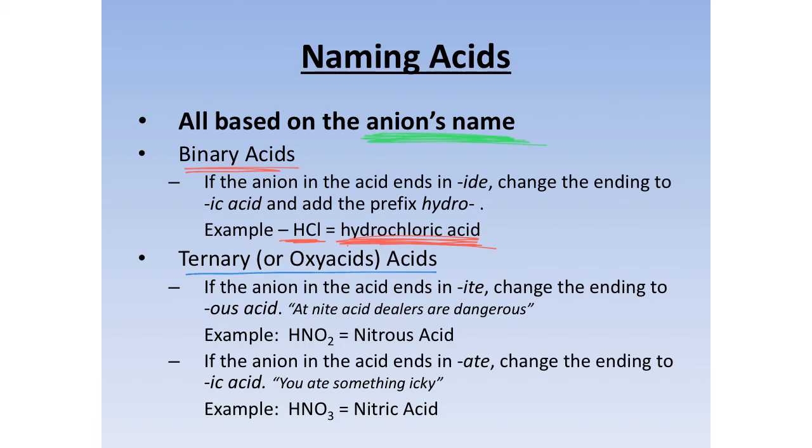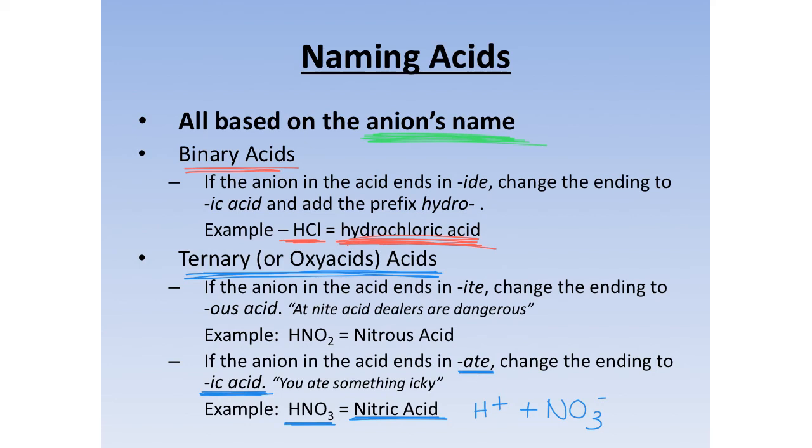All right, if we have a polyatomic ion, again, you can think about some of the things that you already know, like HNO3 is nitric acid. HNO3 comes from the hydrogen ion and the nitrate ion. So if it ended in ate, you change the ending to ic and then add the word acid.